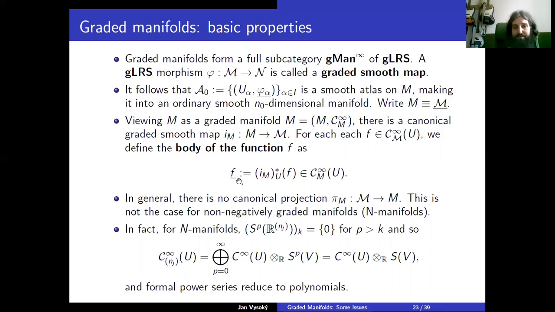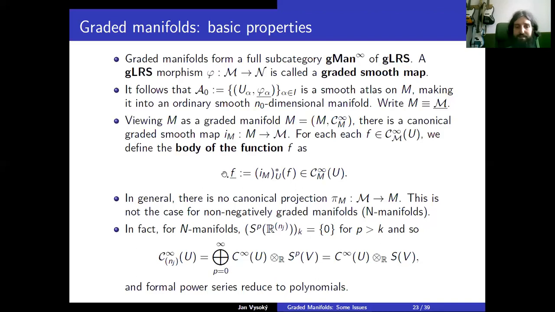It's underline f, which is you pull back your function from here to here, and you obtain an ordinary smooth function on non-curly M. This is called the body of the function. So in particular, if f has non-zero degree, then the body is automatically trivial. If f has degree 0, then it can be non-trivial.